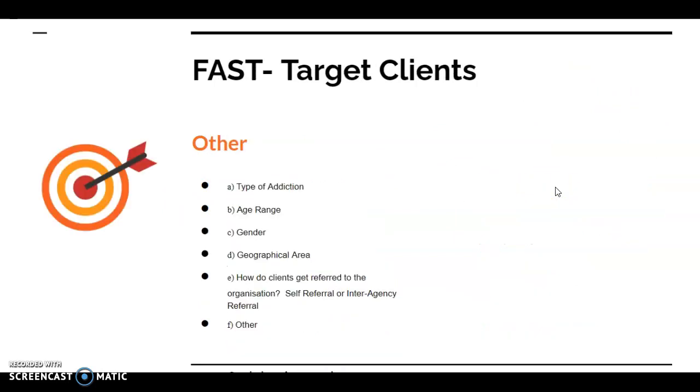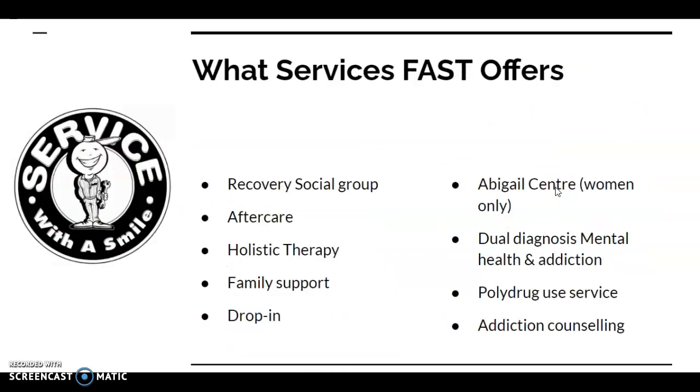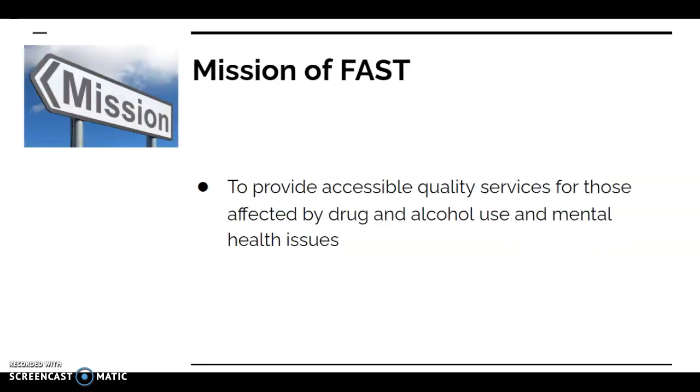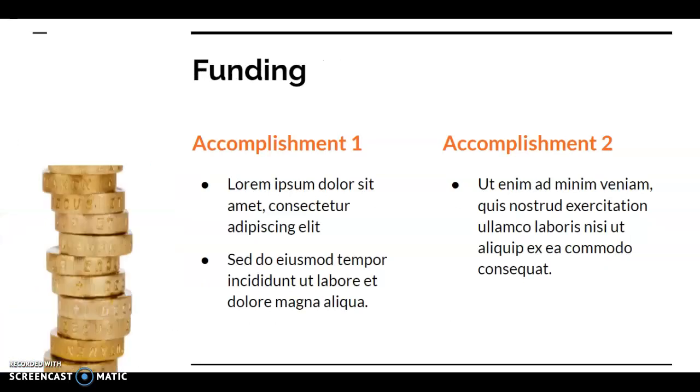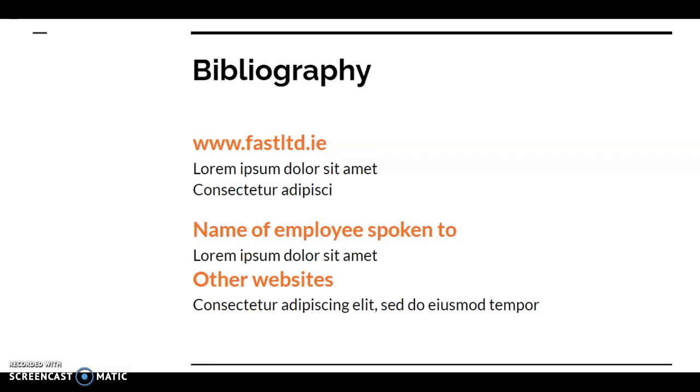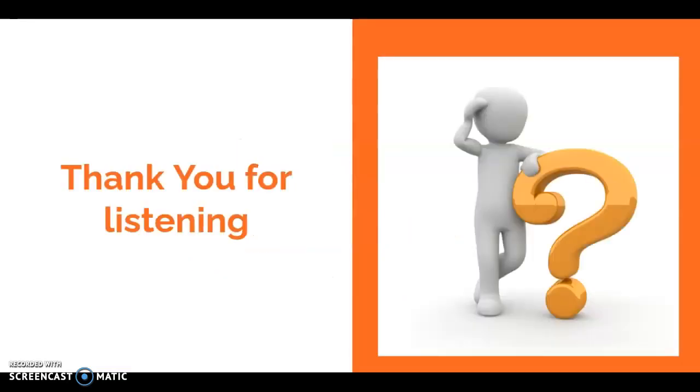Make sure you only have a maximum of 5 or 6 bullet points per slide or per section of your slide, because you don't want to bore the pants off people. You don't want people reading, you want people listening to you, okay? That's the main thing. They're mainly prompts for you to follow. So when you get to the end, then you've got your bibliography, and then thank you for listening.